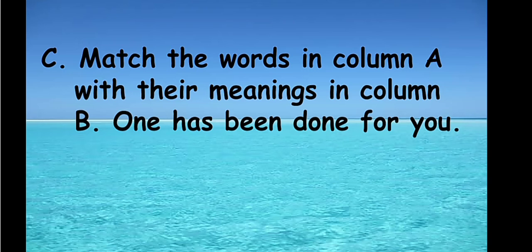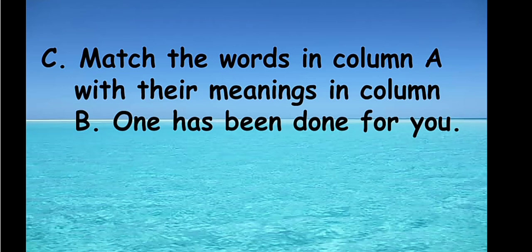It's on page number 36. Yes, page number 36. Here also we have match the following. Let's look at the heading, children. Match the words in column A with their meanings in column B. One has been done for you.